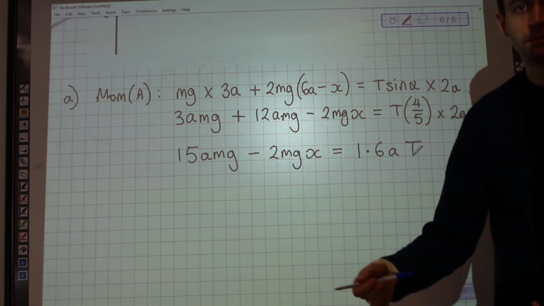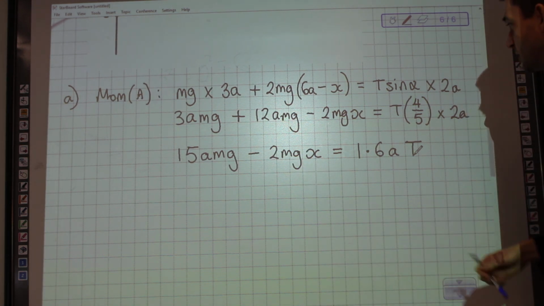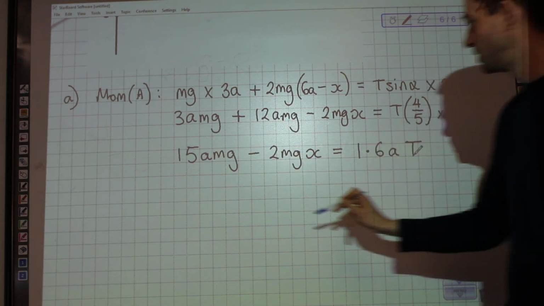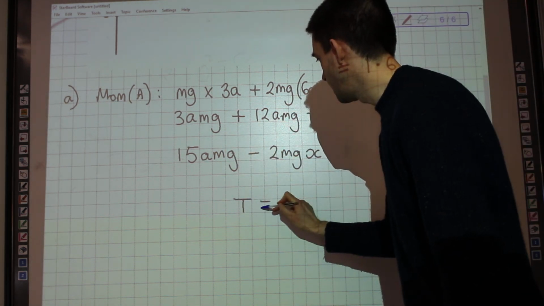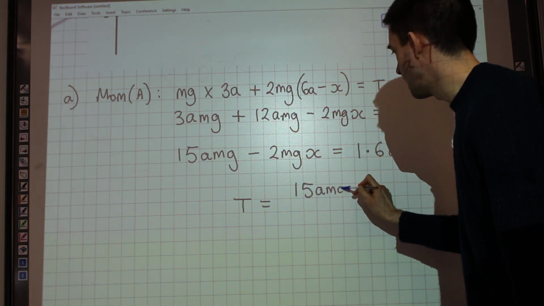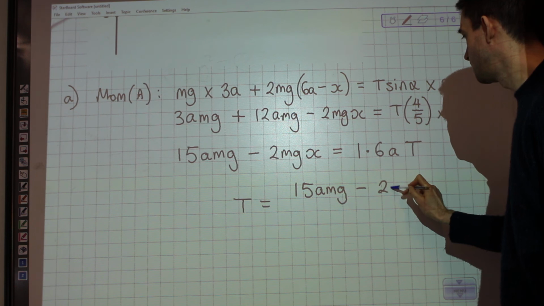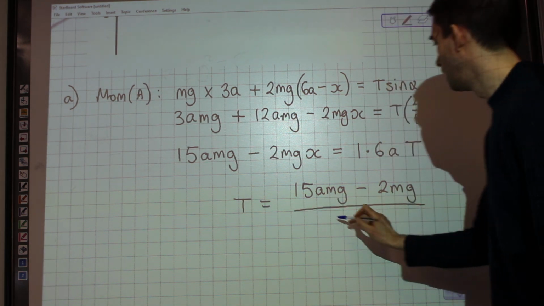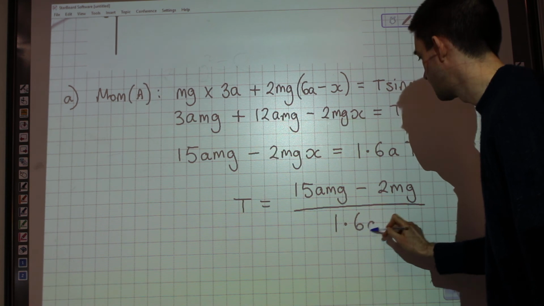Well, g is known, g is 9.8, but we've been asked to leave it in terms of g. So I can divide all of that by 1.6a, and I get that T is (15amg minus 2mgx) all over 1.6a.